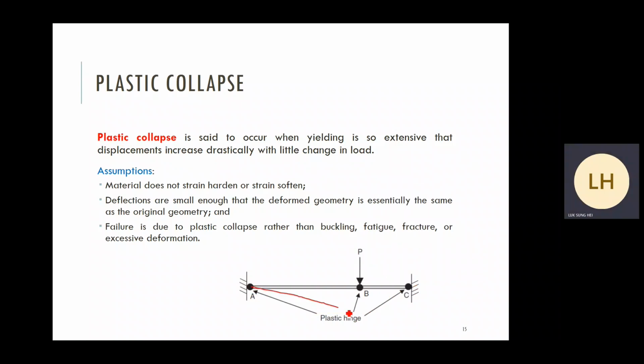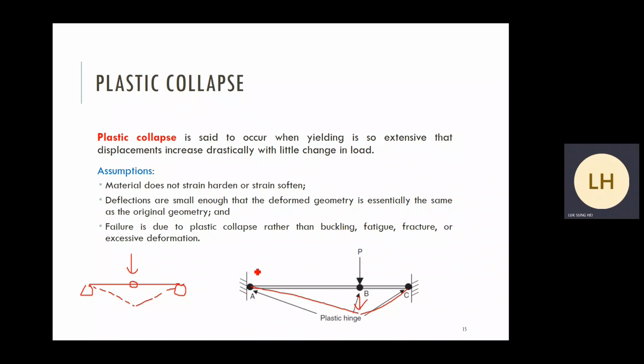The member will be deformed without any restrictions, free to move downward. Just like a simply supported beam. For a simply supported beam, if you add one internal hinge at the middle, then it becomes unstable, right? Free to displace downward. Similar behavior, we call that plastic collapse.